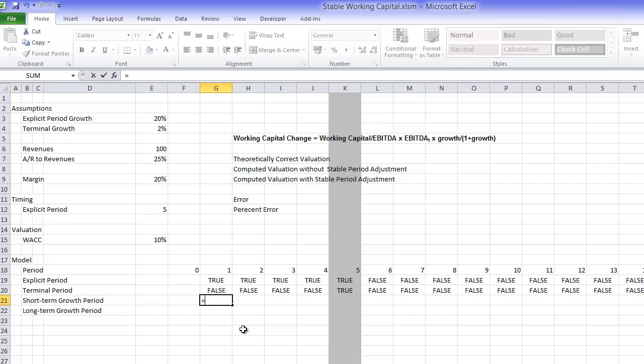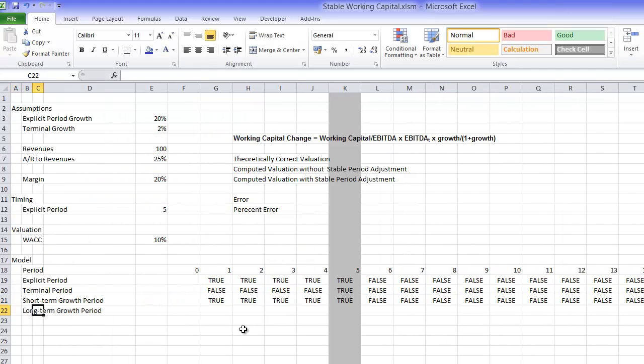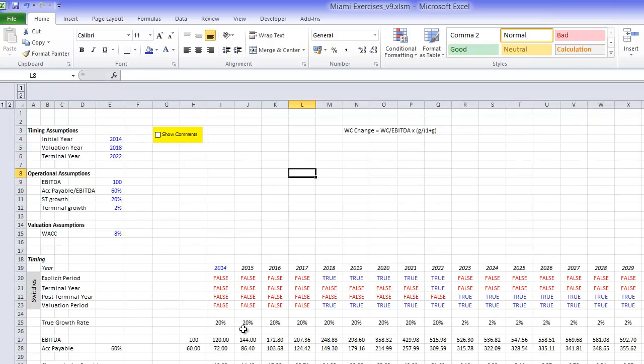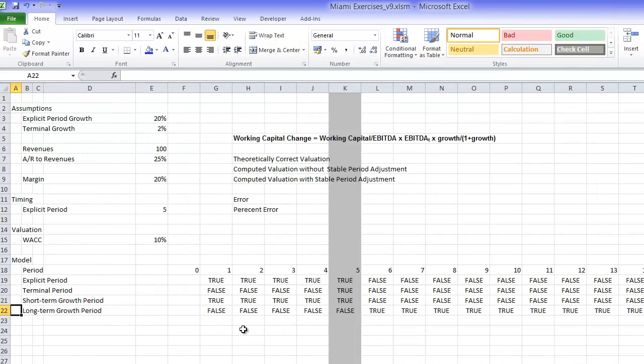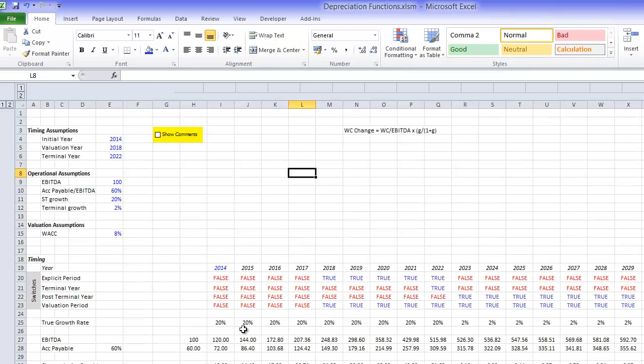Then the short-term growth rate really is just the explicit period, and this is less than or equal to the 5. And the long-term period is simply when this thing is greater than the 5. Okay, and I have this file open called depreciation functions.